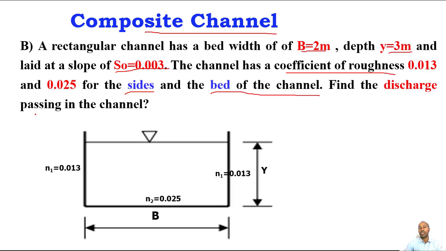Find the discharge passing in the channel. So you have equal Manning roughness on both sides, but on the bed of this channel, you have 0.025. So the channel is made of different material, so you have different roughness property.